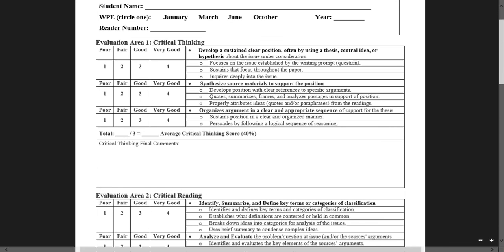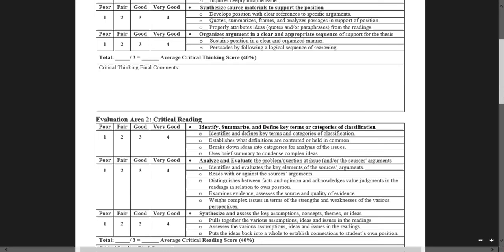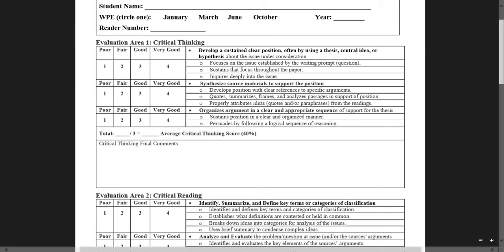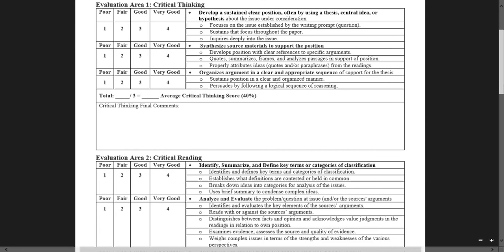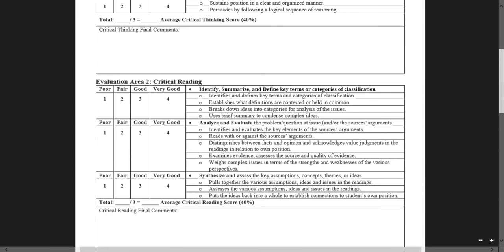Note that some of these things connect between evaluation areas too. You can't do good critical thinking about a reading unless you've read it really well, and you can't read it really well without being able to think through the ideas that it's presenting. So everything really works together when you write a paper.